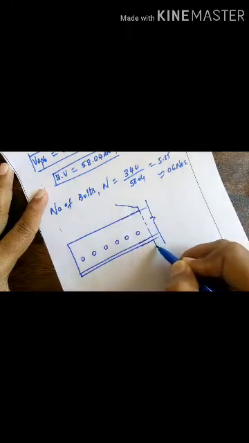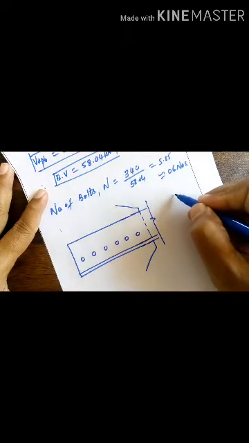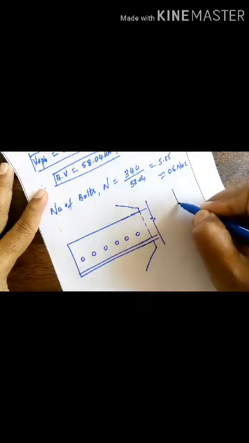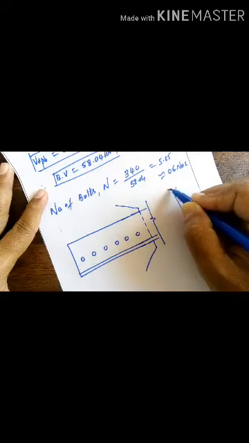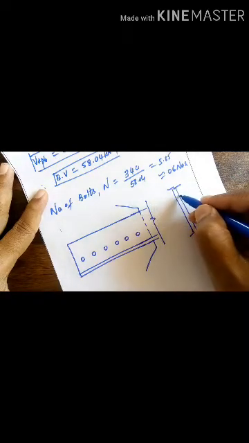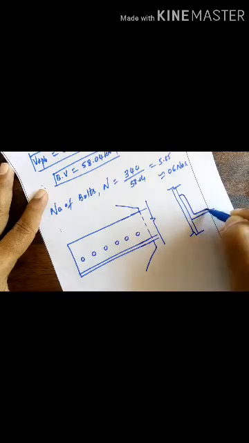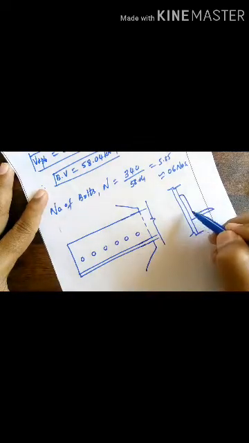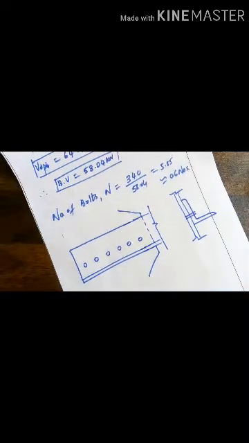This is the gusset plate, and draw a section also here. Here the bolting is done.